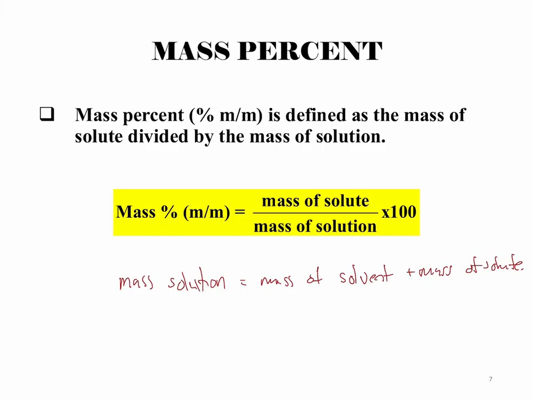So in terms of mass, we have the part, which is just the mass of the solute, divided by the whole, which is the mass of the solvent and the mass of the solute. So when we're looking here at our test tube, this would be the mass associated with the solute divided by the mass of the total solution. So three different S words, right? Solute, solution, and solvent we have to keep track of here.